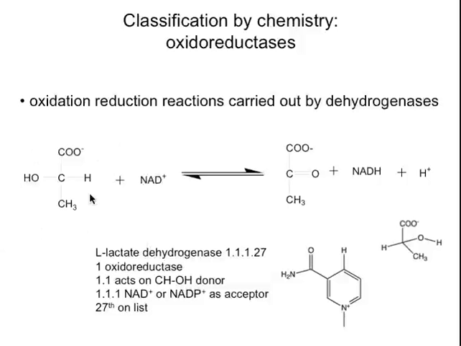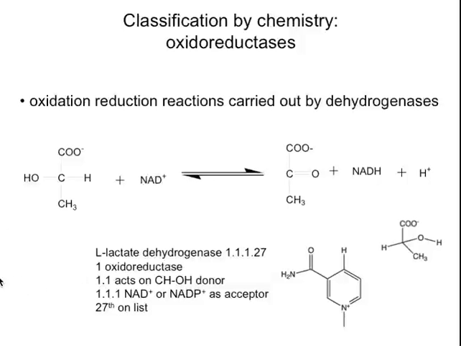Here we're looking at lactate being converted to pyruvate with the concomitant reduction of NAD+. So this is our sink and source of electrons. The standard nomenclature for this L-lactate dehydrogenase is 1.1.1.27. You can follow each of these numbers to lead you directly to exactly what the enzyme does.